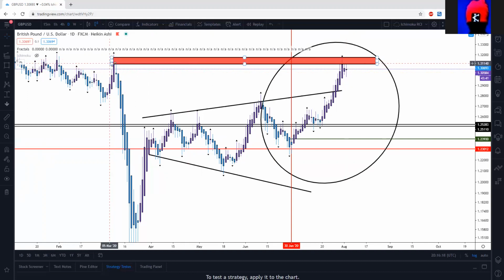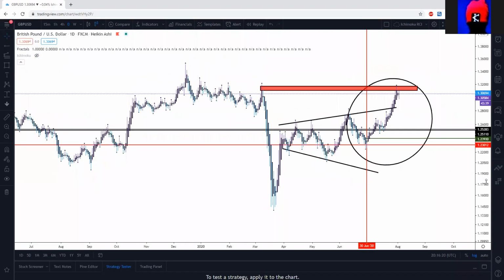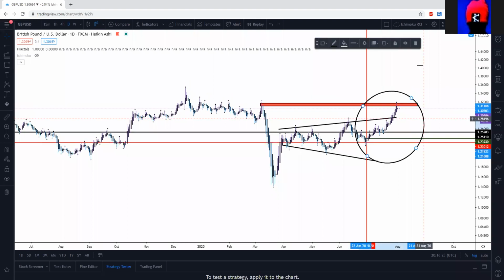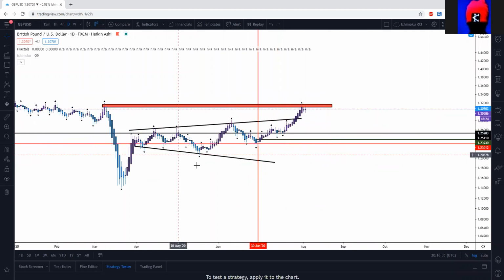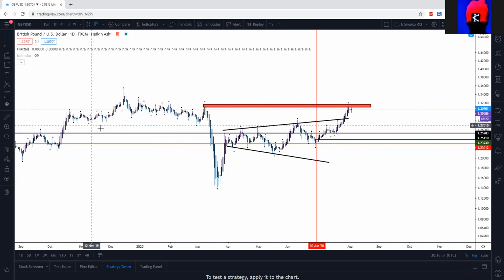Y'all got to look left. Whenever you're trading, always zoom out, y'all. I don't know if y'all use that technique or not, but zoom out. Get the bigger picture. Get the full perspective of the market. Stop trying to read the market from way up close. Zoom out. So we know our next level of support is this level right here.